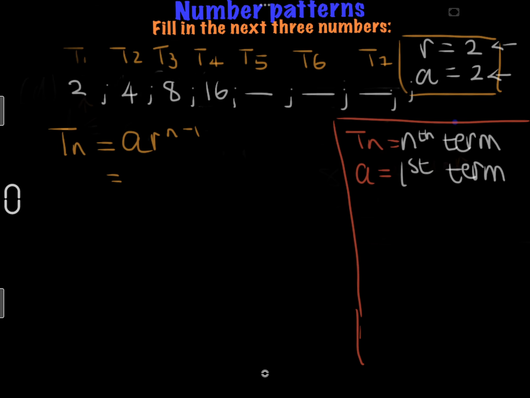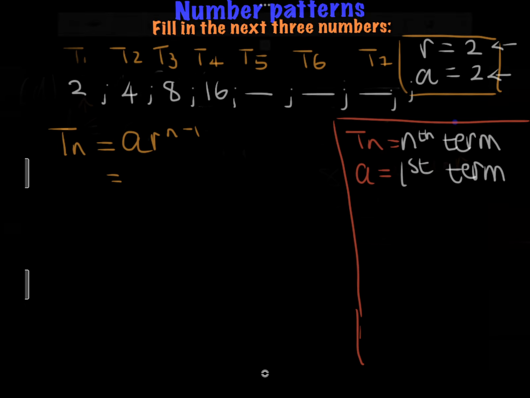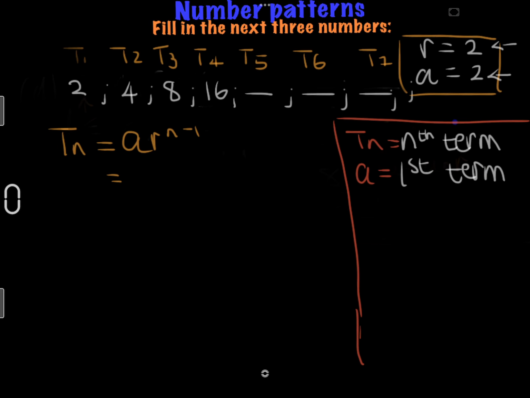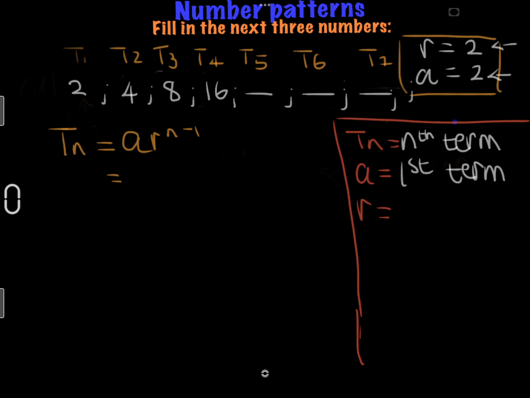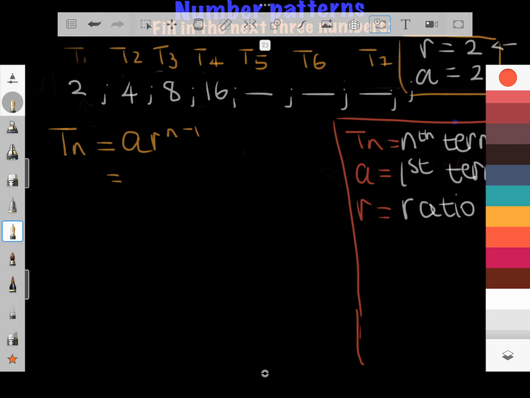Okay. Let's look at other variables. There are many here. R is our ratio. In fact, let me use a different color, similar to what I've done with the first two. So R is our ratio, and we found it to be 2. Okay.